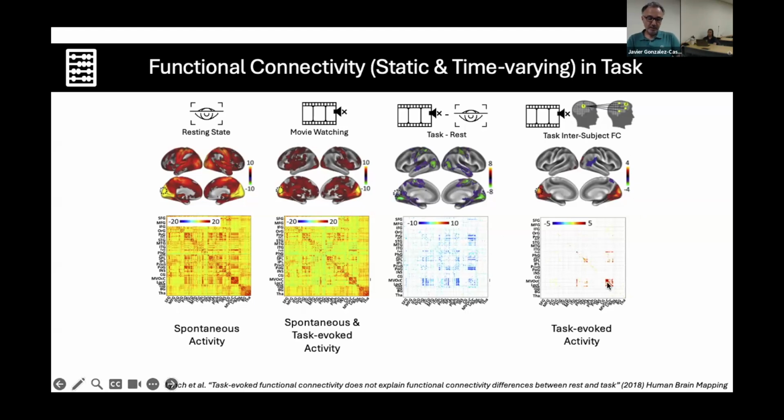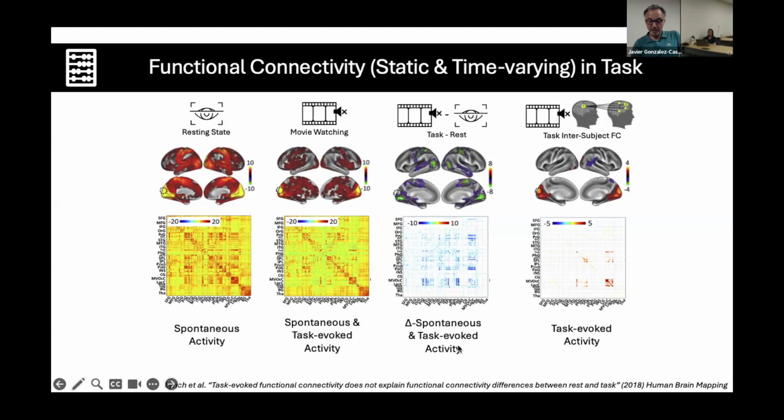When we do this business, under the assumption that your spontaneous activity and my spontaneous activity are not correlated, but the activity due to you and me watching the same video is, what we're getting is a connectivity matrix that is mostly driven by the task-evoked activity.